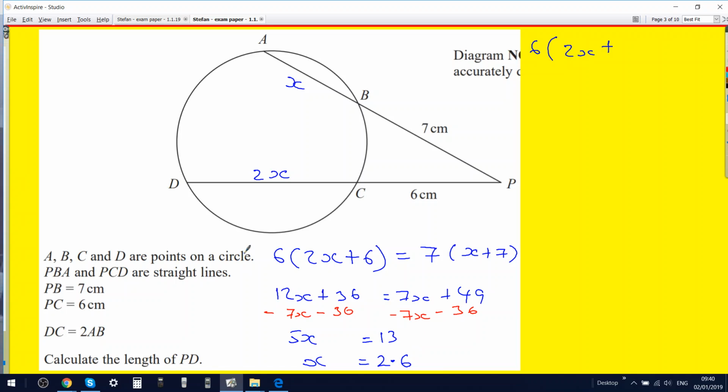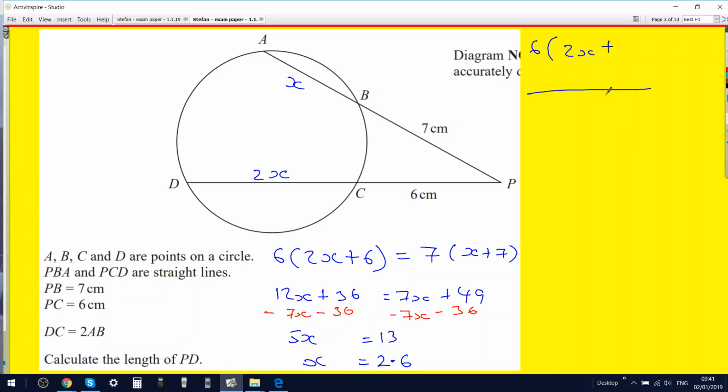Is that what they were looking for? No, they're looking for 2x. So is it just 2.6 times 2? Well, they wanted PD. CD is 2x. Oh, right. And so they're looking for 2x plus 6.